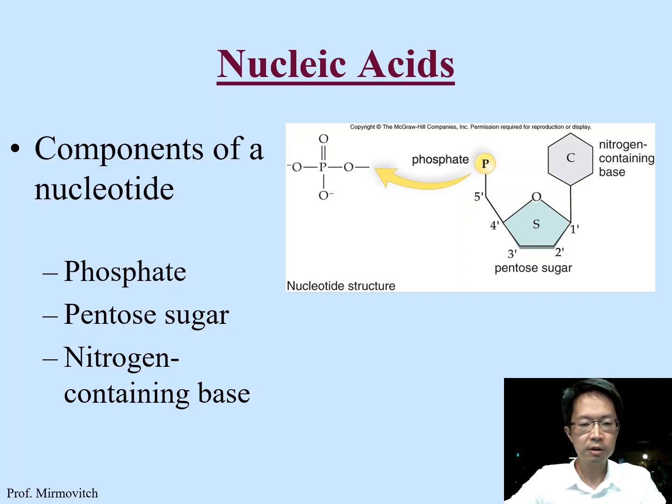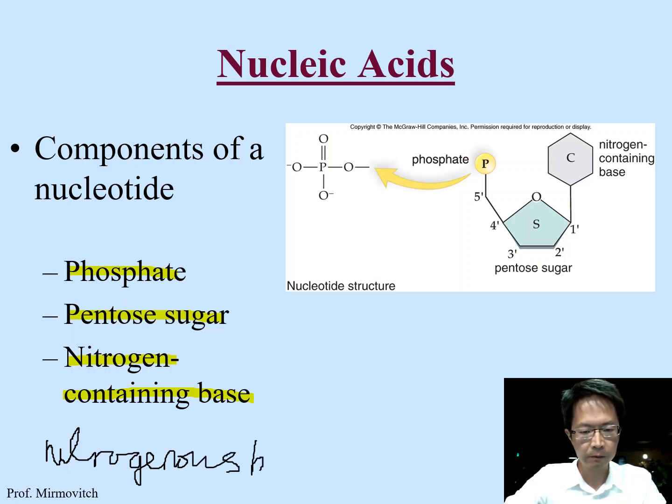So components of a nucleotide: it has a phosphate group, it has a pentose sugar, and it has a nitrogen containing base. Some textbooks just call it nitrogenous base. So what are they?